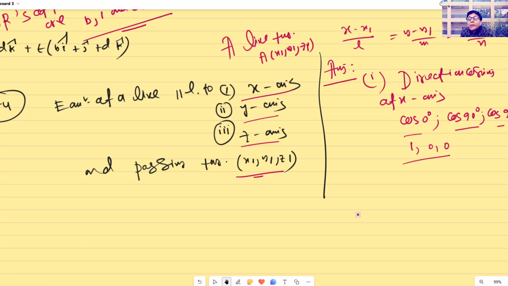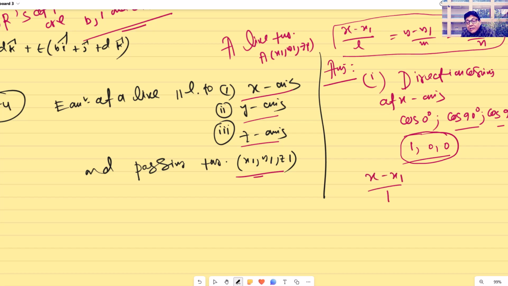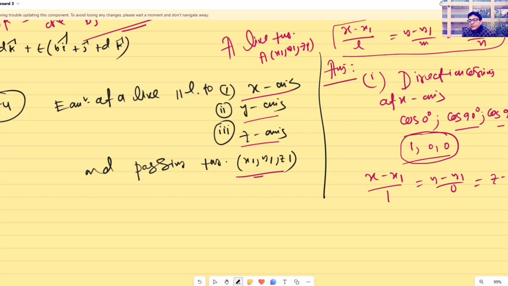So the equation of a line which is parallel to x-axis must have direction cosines like this, and it is passing through x1, y1, z1. So how to write the required equation here? The answer will be (x minus x1) by 1, (y minus y1) by 0, (z minus z1) by 0. Clear?